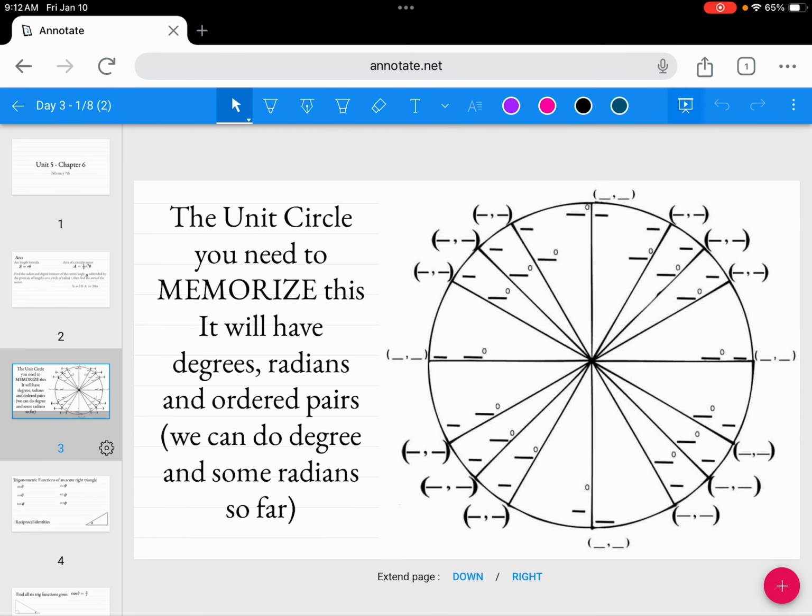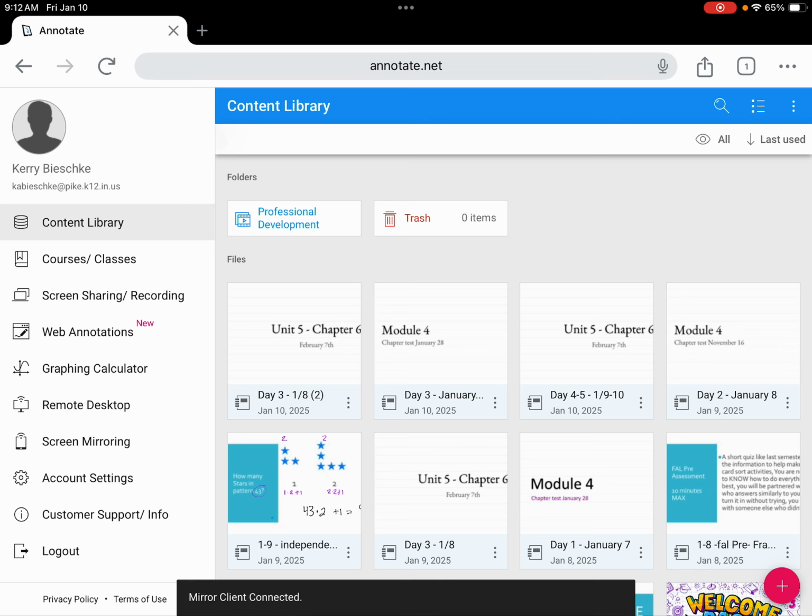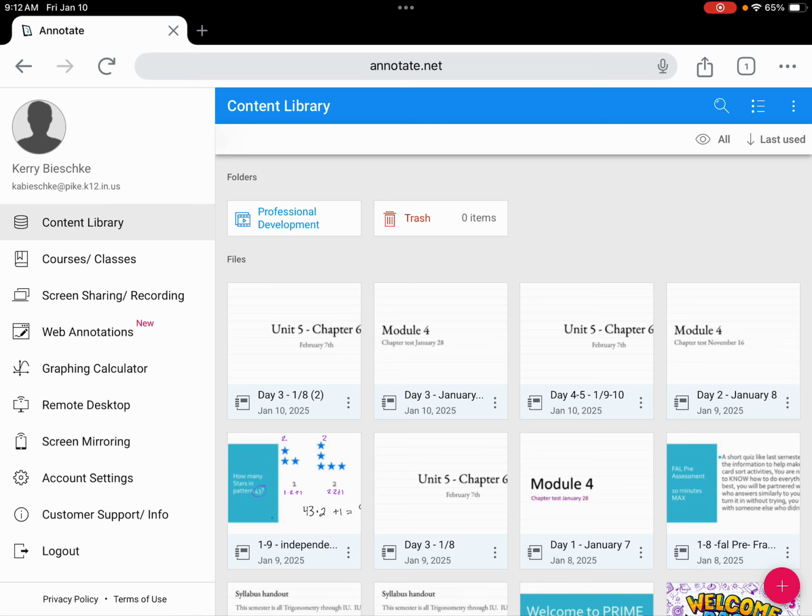We are going to do speed tests on it. We get 3 minutes. I will hand you one of these. It'll be blank, and you have 3 minutes to fill it in entirely, all the blanks. You have to have this thing memorized.